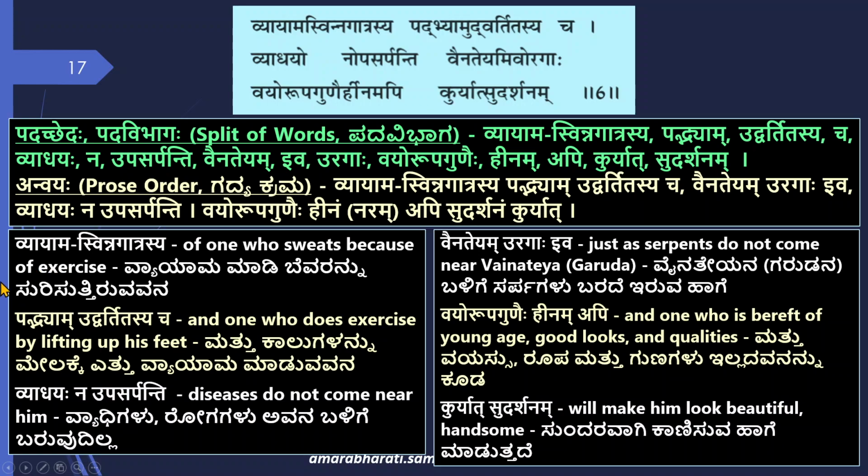Look at the pratipadartha. Vyayamah gatrasya, for one who sweats because of exercise, one who has perspiration because of exercise. Padbhyam udvartitasya cha, and one who does exercise by lifting up his feet.